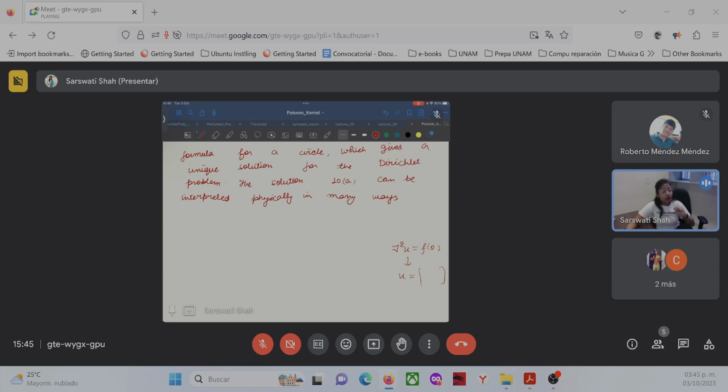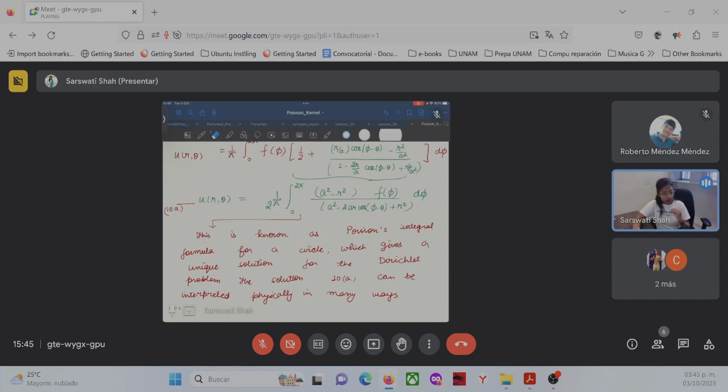In the same way, if we are talking about the flow of heat in a circle, and we are calculating the heat at steady state, what will be the equation of the heat at steady state? Del square u equals 0. So u in that case is going to give you the temperature at the steady state. So it has many physical interpretations. What kind of physical phenomena is it representing? You can interpret this closed form solution, this Poisson integral, in that way.